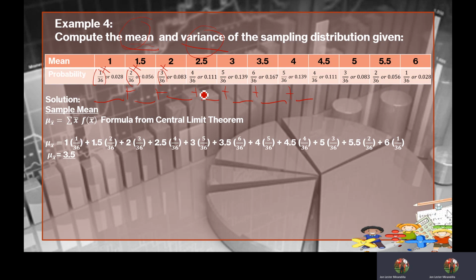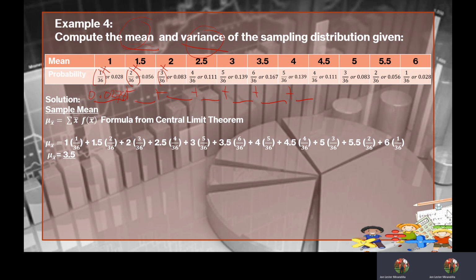Ayan. Ganyan lang siya. So, compute natin, 1 times 1 over 36 is equal to, in decimal form, 0.0278.